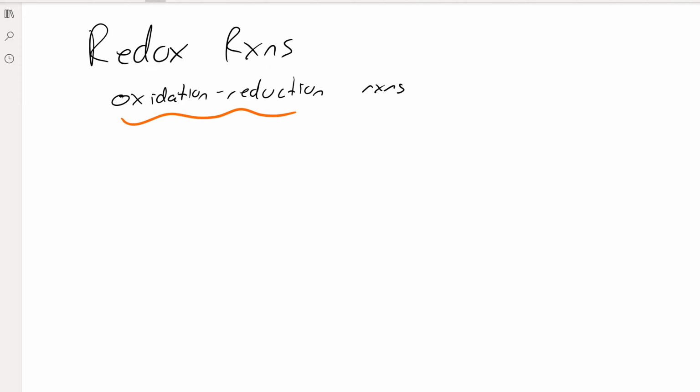What happens in these types of reactions is an exchange of electrons. Whatever is getting oxidized, or undergoing oxidation, is losing electrons. On the other side, whatever is undergoing reduction, or being reduced, is gaining electrons.